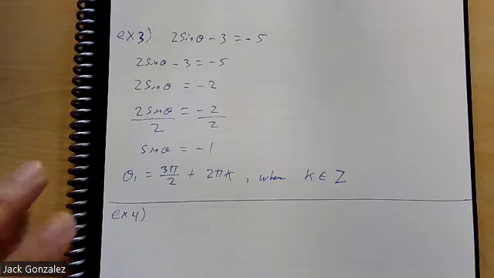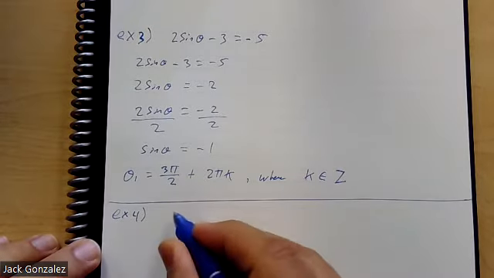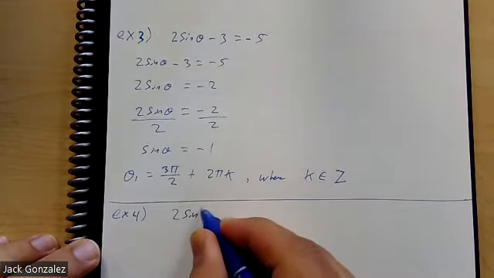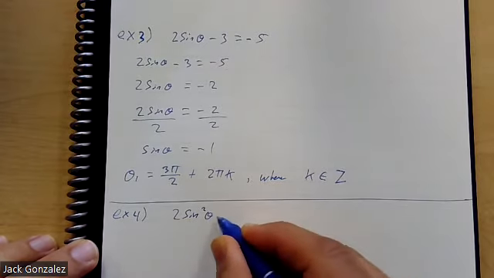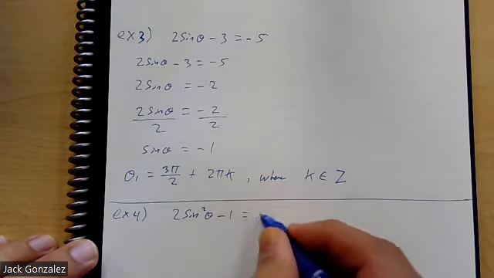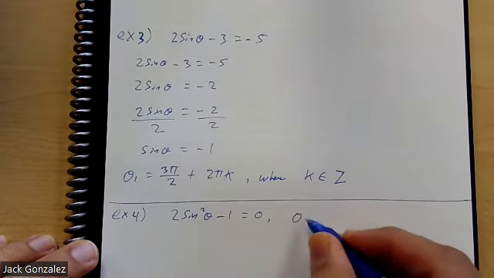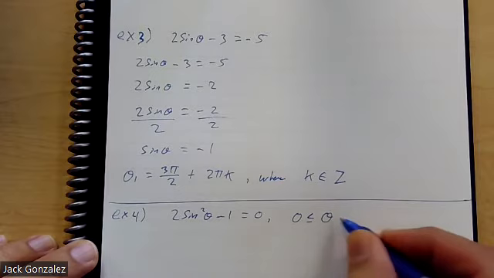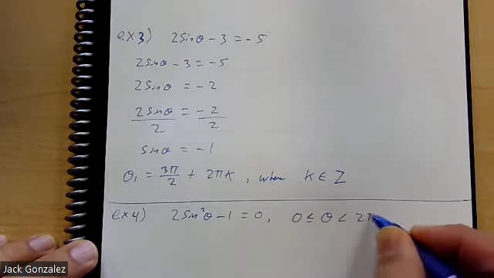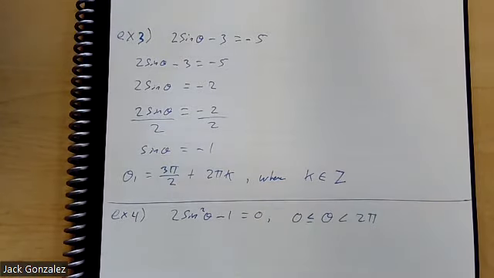Now, check this one out. I'm going to go ahead and use the circle this time. I'm not going to use a calculator for a bit just because we don't have to. At least not yet. So here they told us theta is restricted, right?